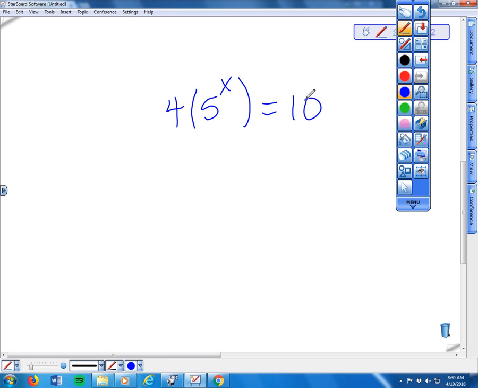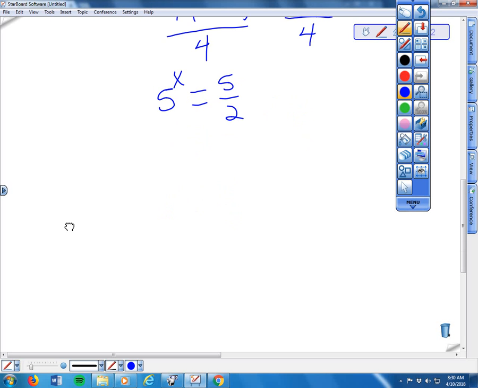Divide by 4. So 5 to the x equals what? 5/2? Now, how do I convert this to a logarithm? Log base, what? What's the base? 5 of 5/2 equals x. Now, I can't think of an exponent of 5 that gives me 5 halves.